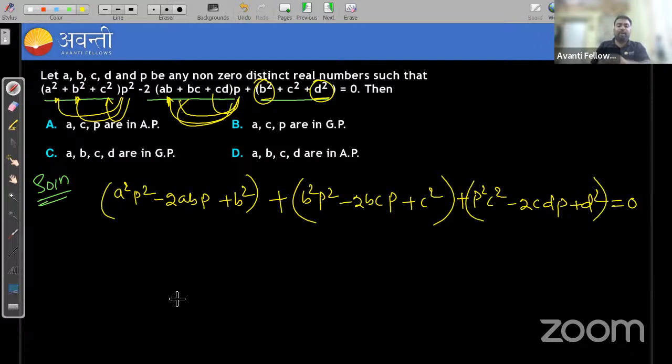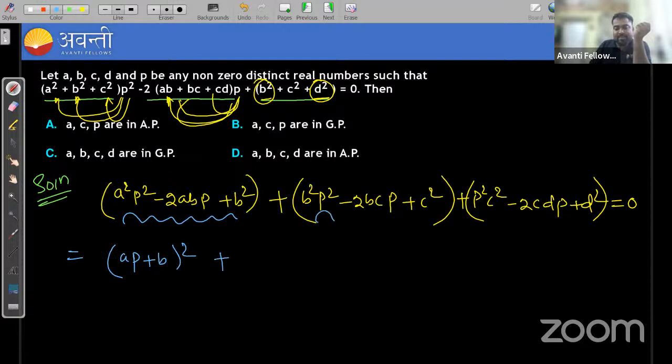Right. Now we can observe here, guys, that this is nothing but (AP minus B) whole square plus (BP minus C) whole square.